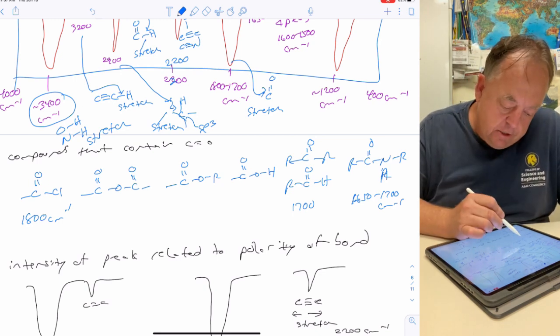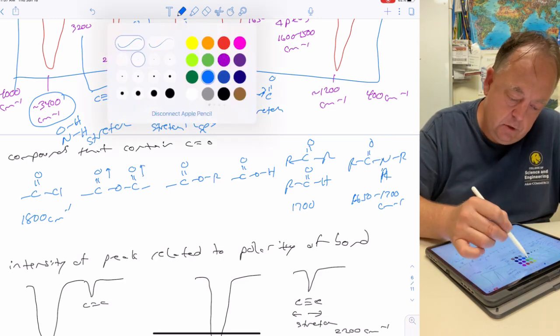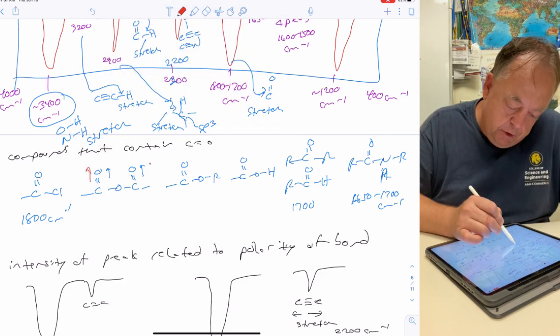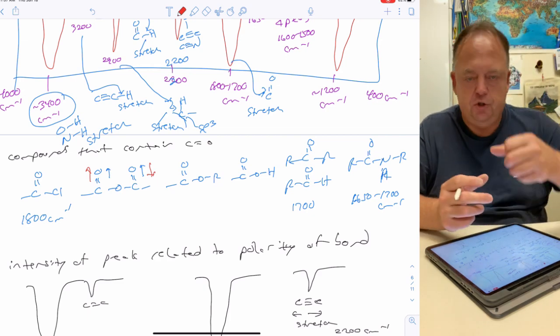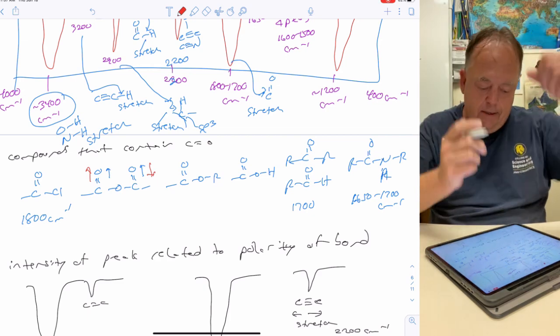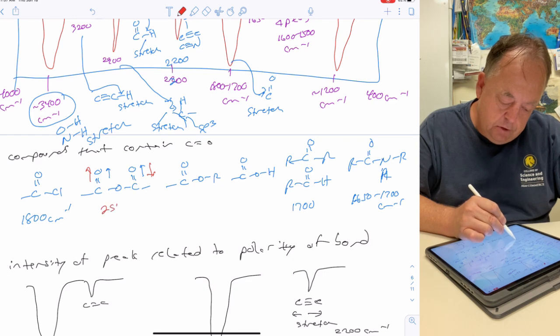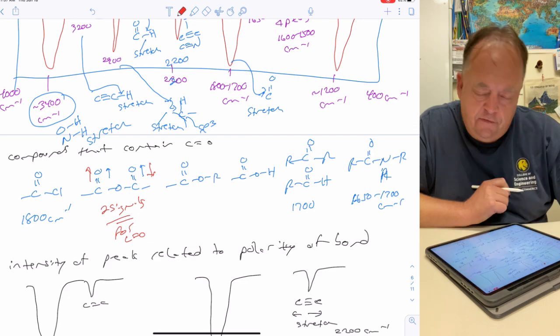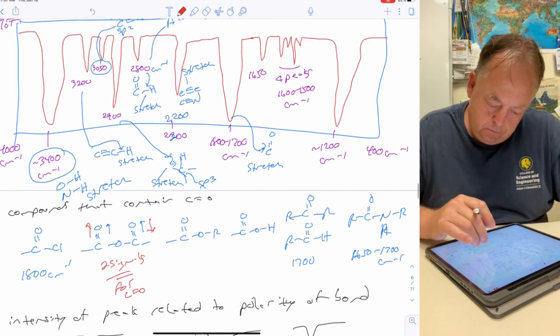And if it's an anhydride, then you have two different stretching modes. You could have the symmetric stretching mode, or you could have the asymmetric stretching mode where you're stretching one while you're compressing the other. And so you see two signals for C double bond O if you have an anhydride.